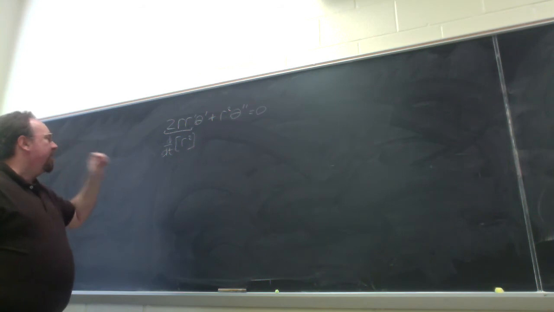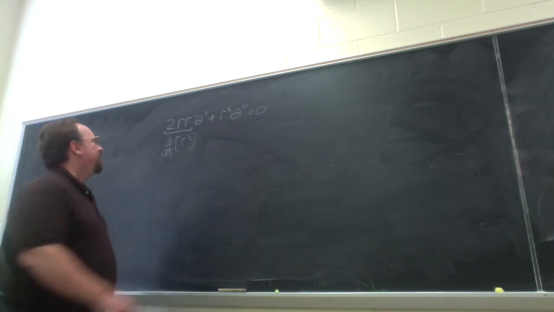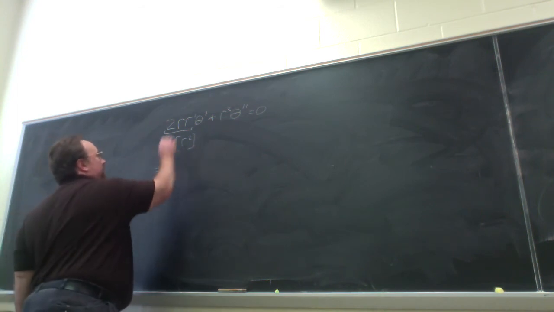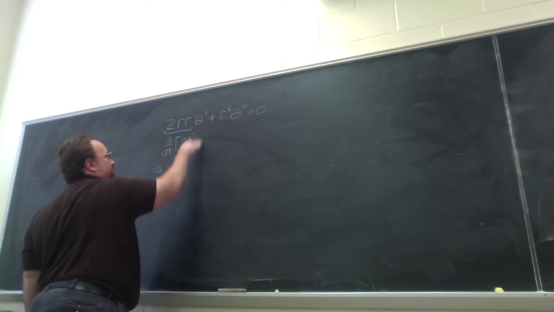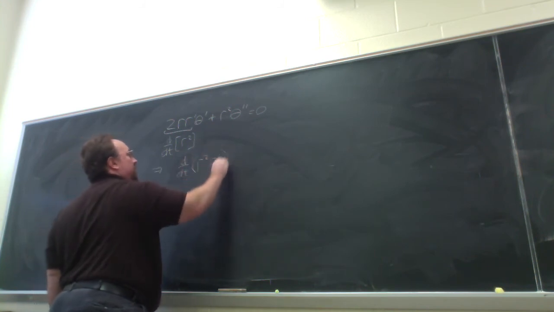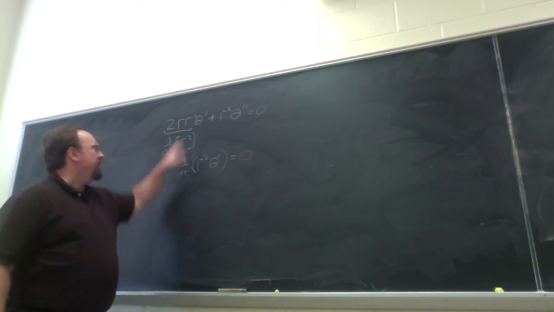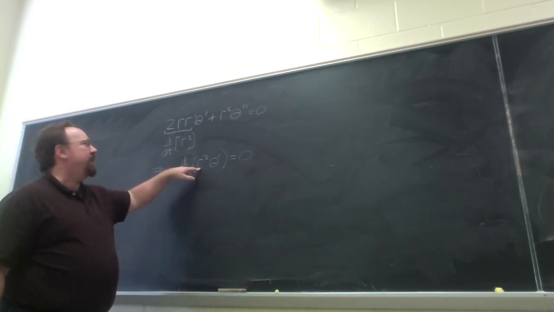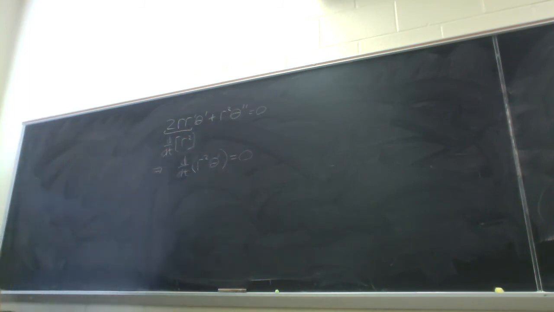But here we have just r squared, undifferentiated. So this whole thing is a product rule in reverse. So the derivative of r squared theta prime is 0. Because in this term, the r squared is differentiated. In this term, only the theta prime is differentiated to give you theta double prime.